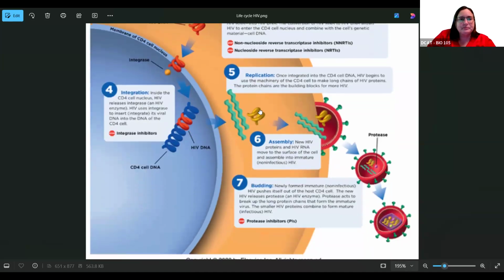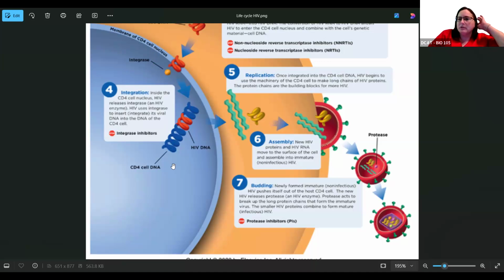Then we move on to step 4. Now, this blue part right here is the membrane of the CD4 cell's nucleus. So this is where integration is going to happen.